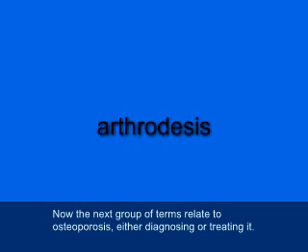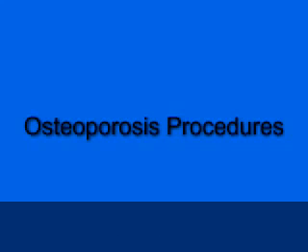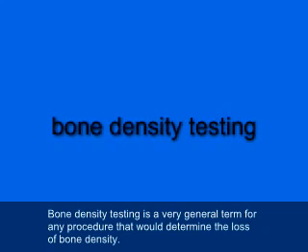Now the next group of terms relate to osteoporosis, either diagnosing or treating it. The first one is bone density testing. Bone density testing is a very general term for any procedure that would be used to determine the loss of bone density.